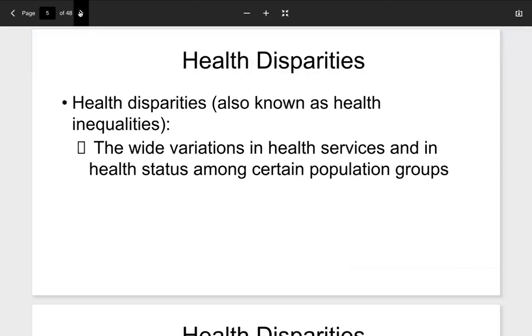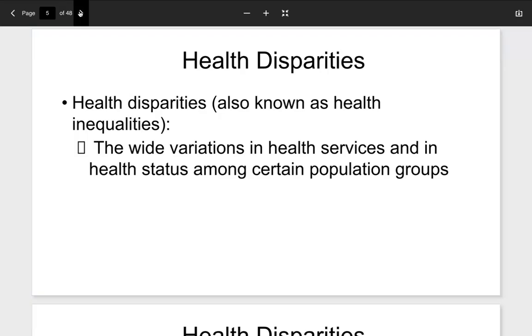So just a review of some of the key concepts, which will also come up in the lecture today. When we talk about health disparities, this is talking about the variation in health services and in the health status among certain groups. Usually health disparities can show up as variations in health outcomes.